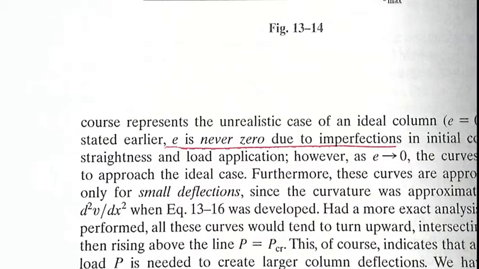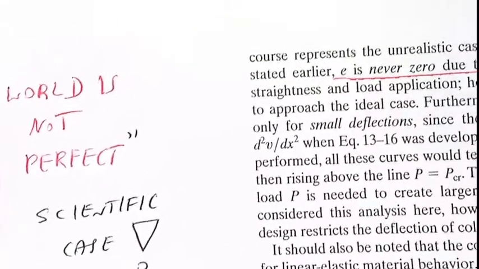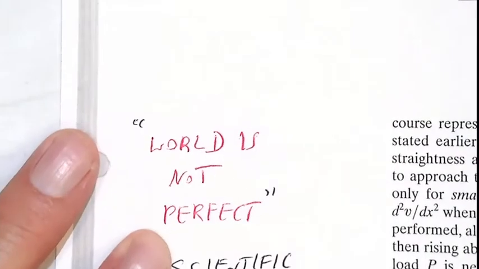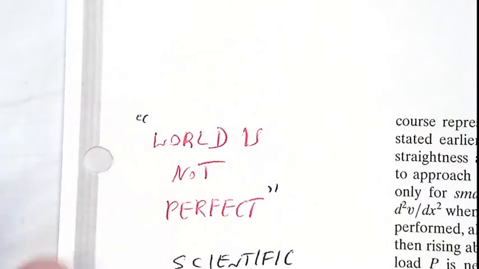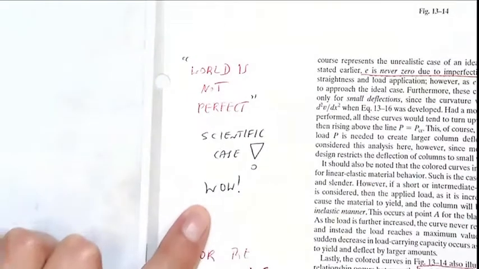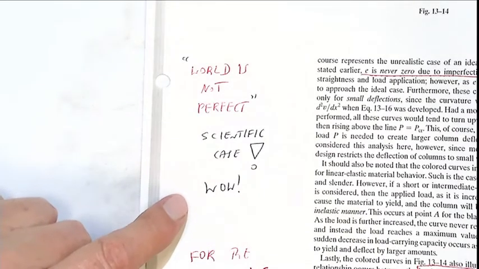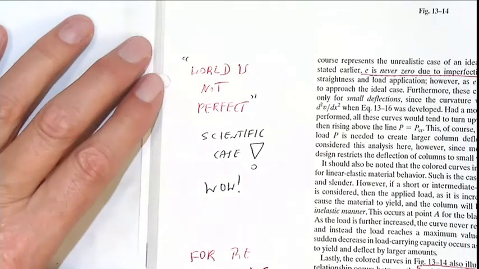We did not allow for any imperfection. Now we suddenly come in intermediate strength of materials and tell you, the world is not perfect. Okay? But this is a scientific case for that. The world is not perfect. Wow! I mean, suddenly strength of materials deals with such a statement, which is, I would say, a philosophical statement. The world is not perfect.